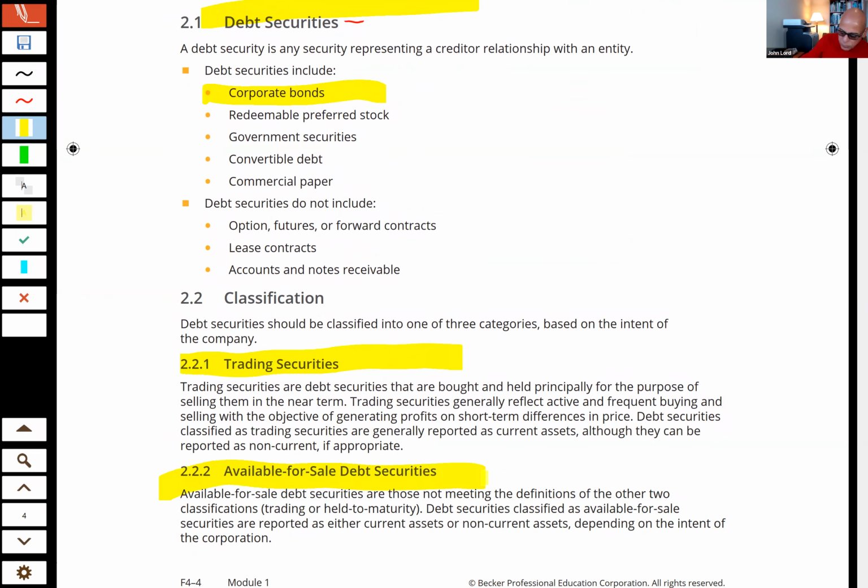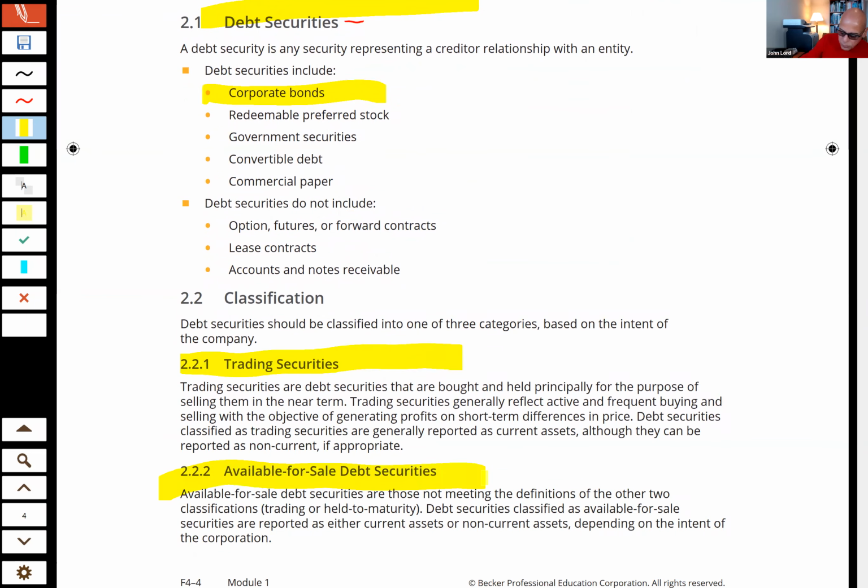What we're talking about here in terms of classification is whether they should be current or non-current assets. So you've invested in the bonds of some other company, and now you're trying to decide if you should carry that as a current or a non-current asset. Now let's see what they tell us here.